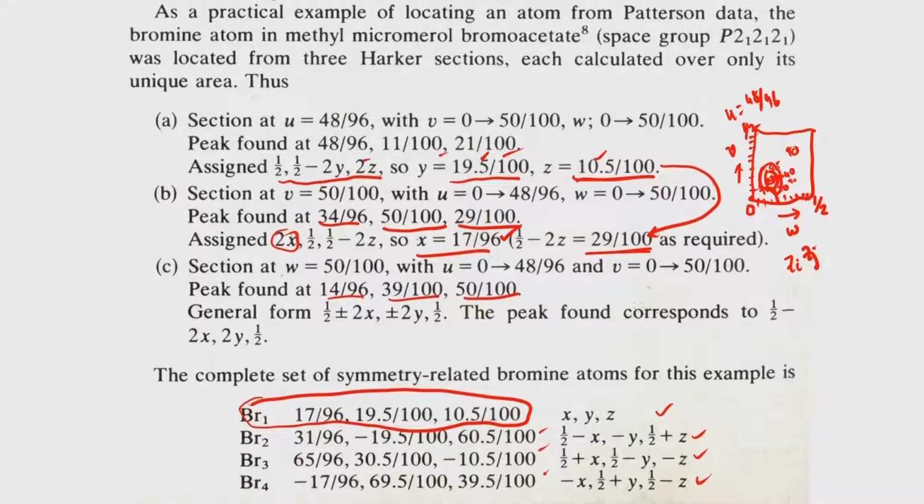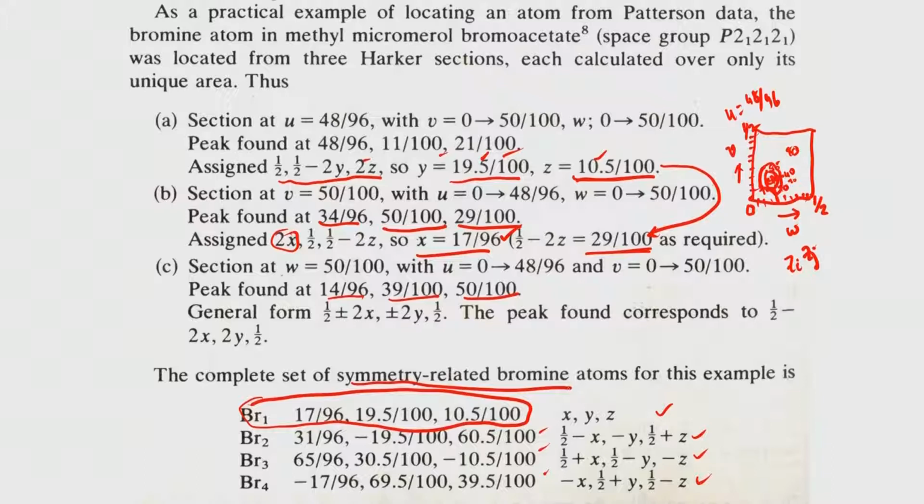So, we have a bromine sitting at 0.17, 0.195, 0.105. Then you use half minus x, minus y, half plus z, and generate these points, which is coming now to be 0.31, minus 0.195 and 0.605. So, these values now will correspond to each one of these bromines, and these bromines are symmetry related bromines.